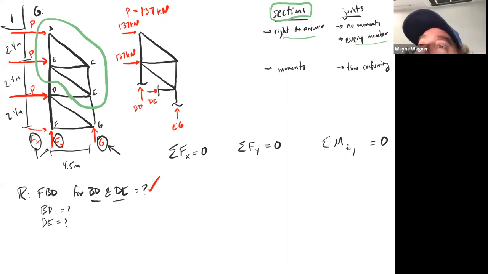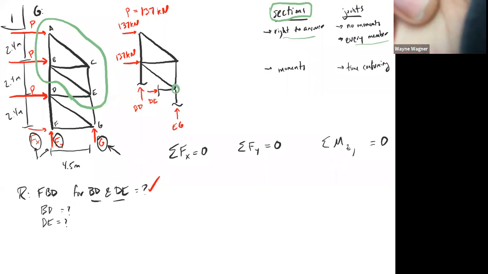We can choose right here, because if I go right there, DE and EG both disappear, since they both go right through that point. Then this is an easy problem for the moments. I can also choose this point right here, which is not even on my free body, because if I go right there, BD and DE disappear. My goal is to pick points where everything disappears except something that I want.